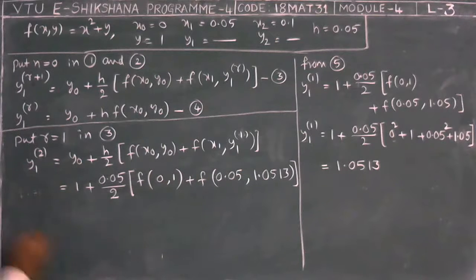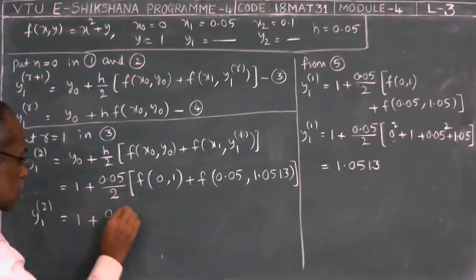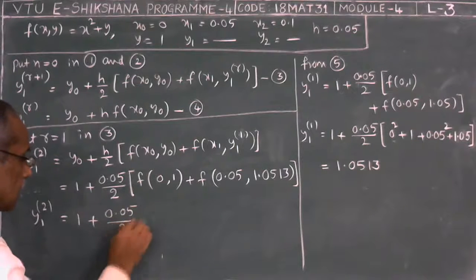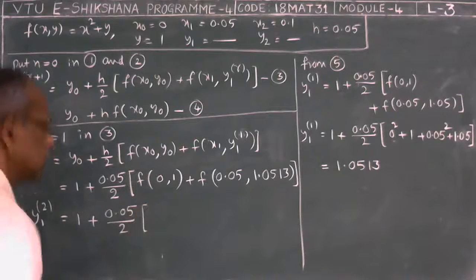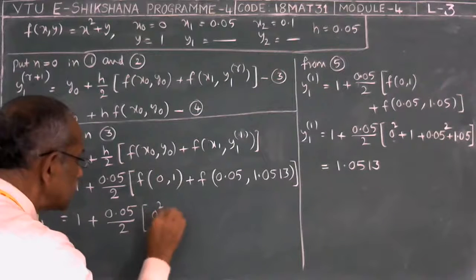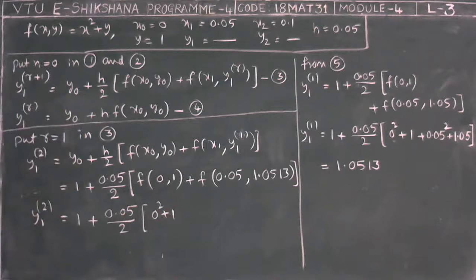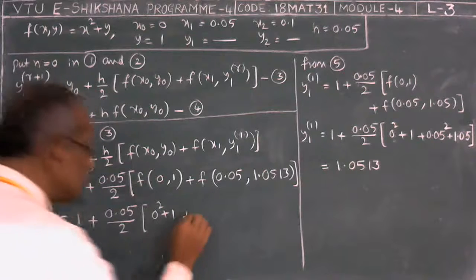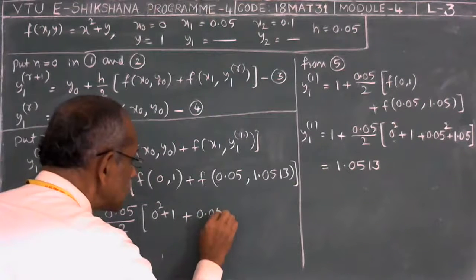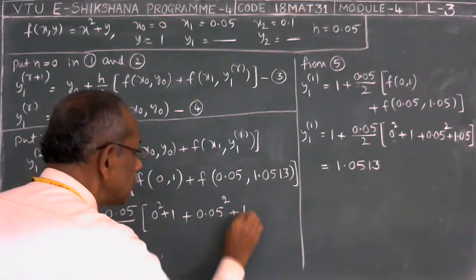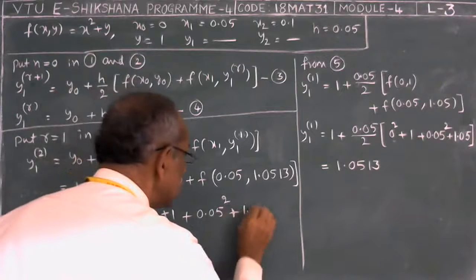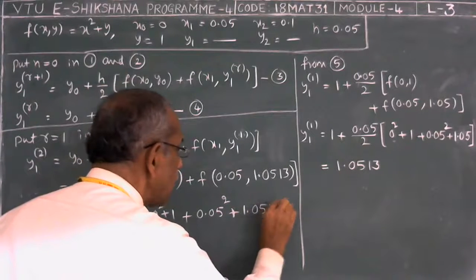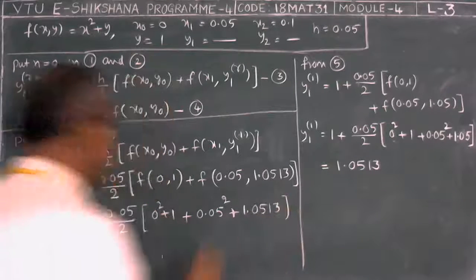So y1 2 is equal to 1 plus 0.05 divided by 2 into f of 0 comma 1, that is 0 square plus 1, plus 0.05 square plus 1.0513. Close.